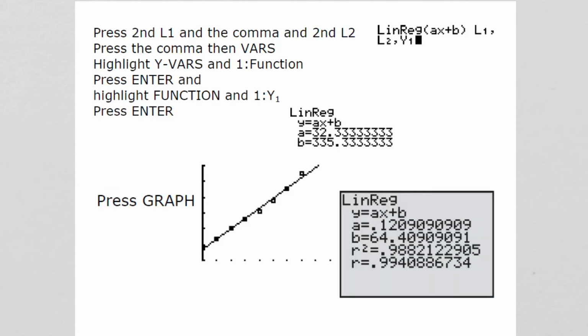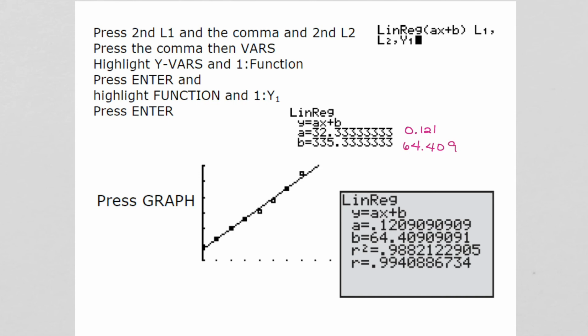For the one that we are doing, when you go through, you should get that a is 0.121 and b is 64.409.